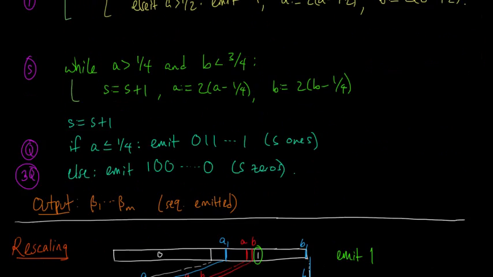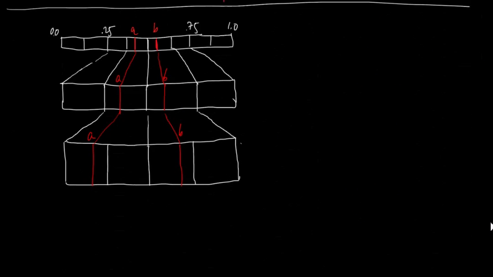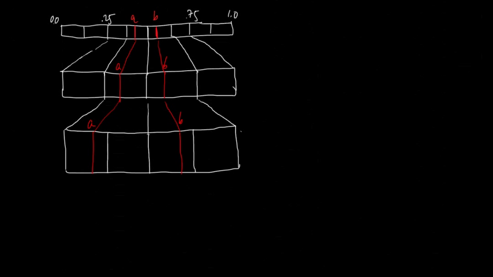So let's suppose that the new A and B, after that subdivision step, let's maybe do them in purple. After that subdivision step, let's suppose that we get, say, let's put it here. So let's say we get this, I'll call it A prime to distinguish, and maybe B is here.